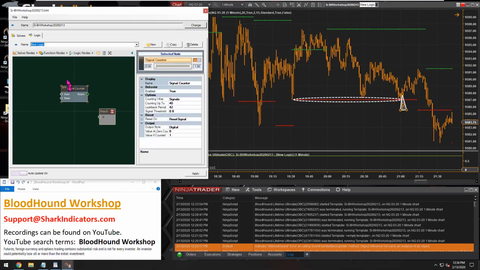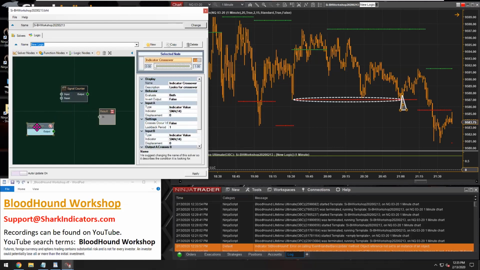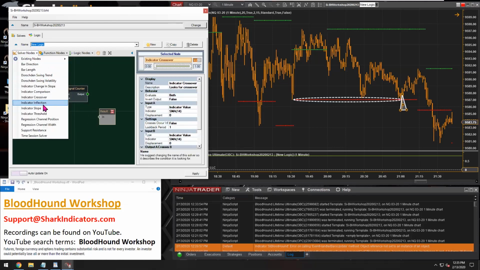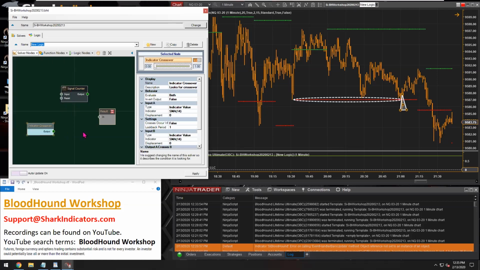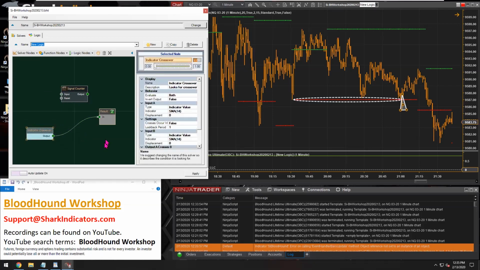I'm going to use the crossover solver to do that. I could use the comparison solver as well if I wanted to, but I'm using the crossover solver, just preference, I guess. And I'll explain why in just a moment.